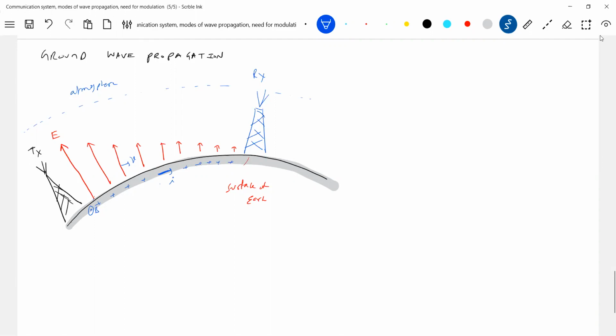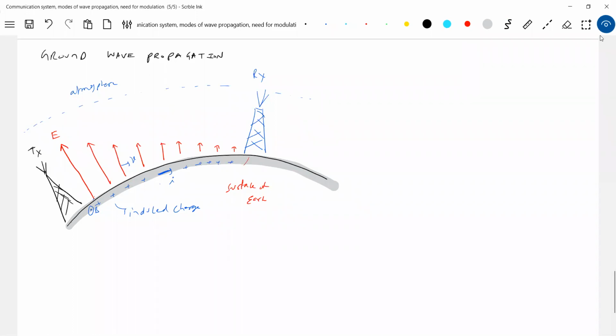The wave will propagate here. We know the E bar vector will be directed from higher to lower potential, so the surface of the earth will have a positive charge. When the wave is here, the induced charge will be here. As the wave propagates, the induced charge also will propagate.